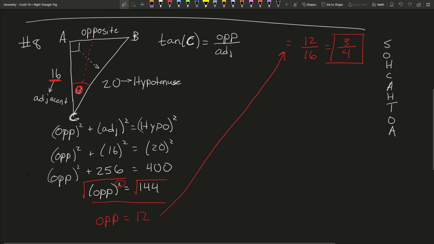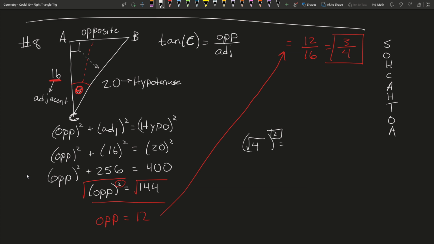Is simplifying necessary for more complex problems? Yes. How do you square a radical? Again, if we have something like the square root of 4 squared, by definition, this 2 right here tells us what we're multiplying by, all right?